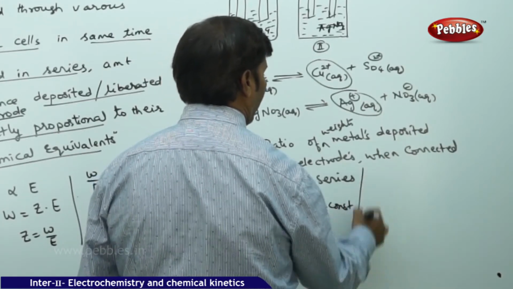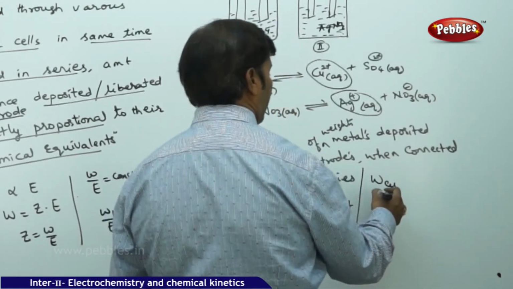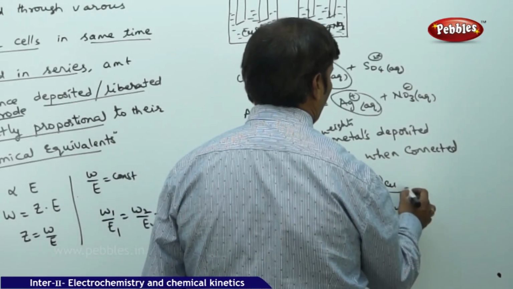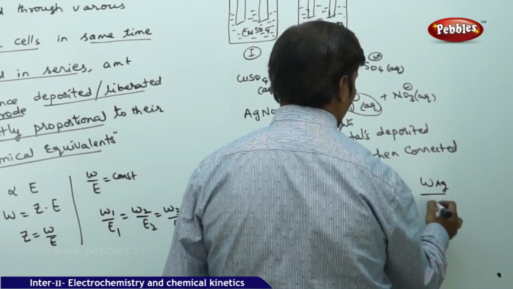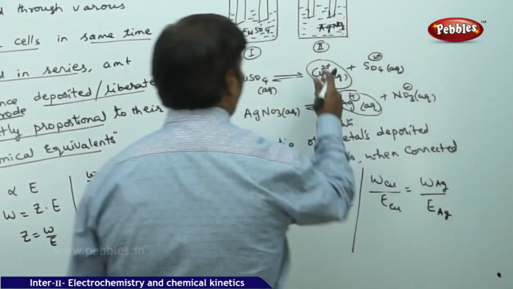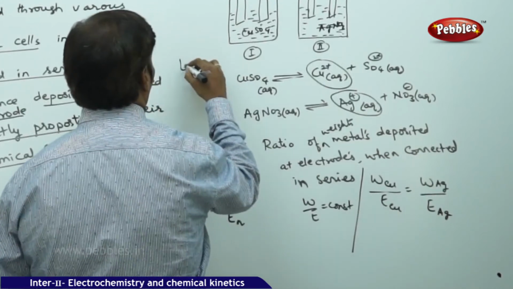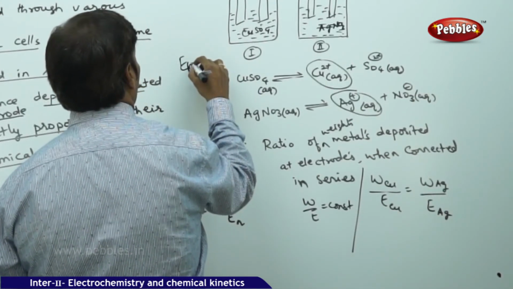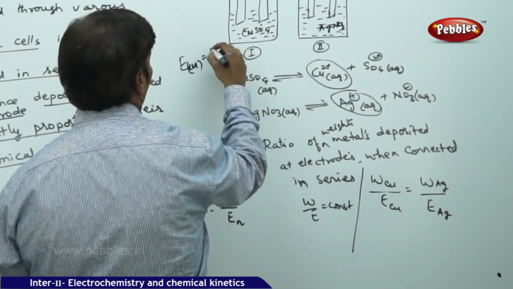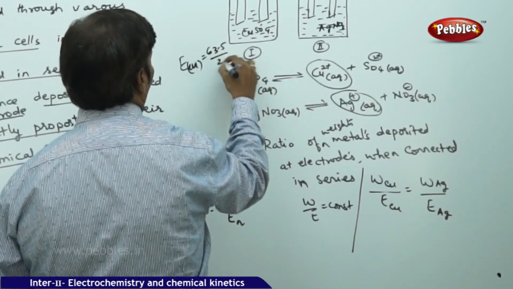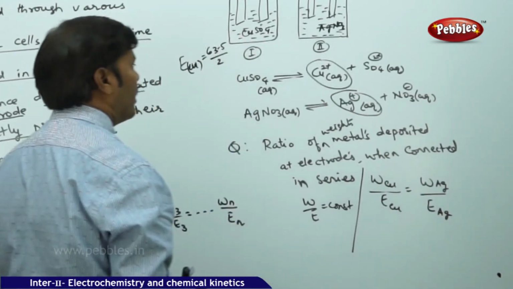This we can modify: weight of copper divided by equivalent weight of copper is equal to weight of silver divided by equivalent weight of silver. Copper is bivalent here, so the equivalent weight of copper is given by atomic weight divided by valency. 63.5 is the atomic weight of copper, valency is 2, so 63.5 divided by 2 is the chemical equivalent of copper.